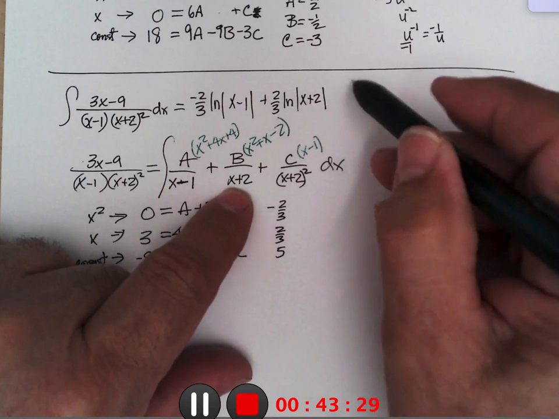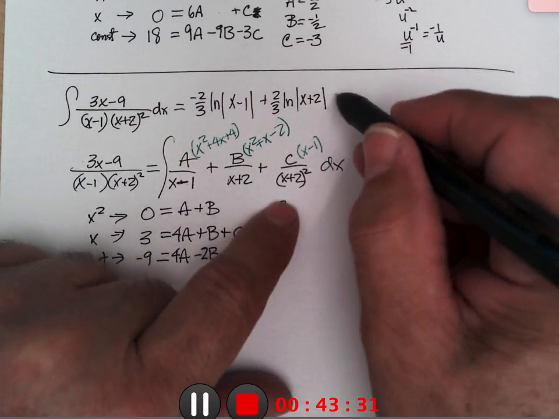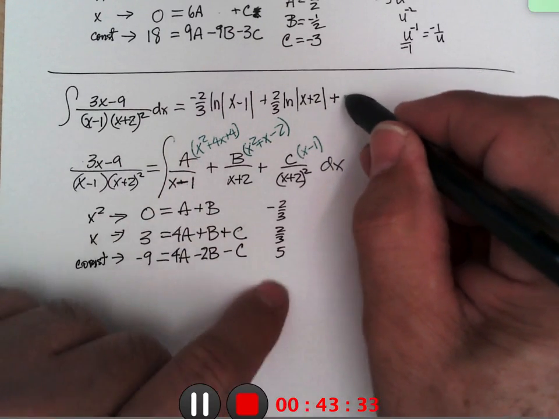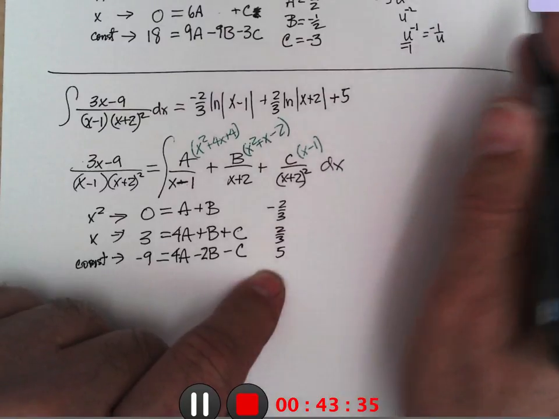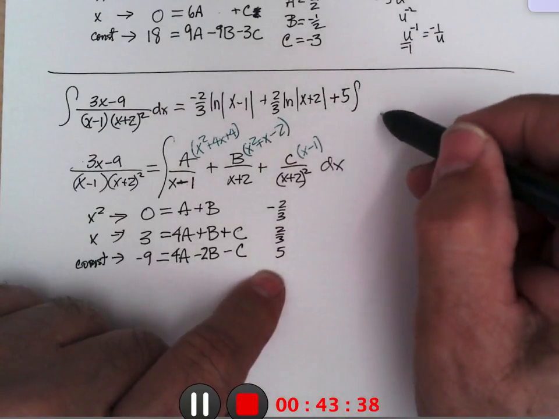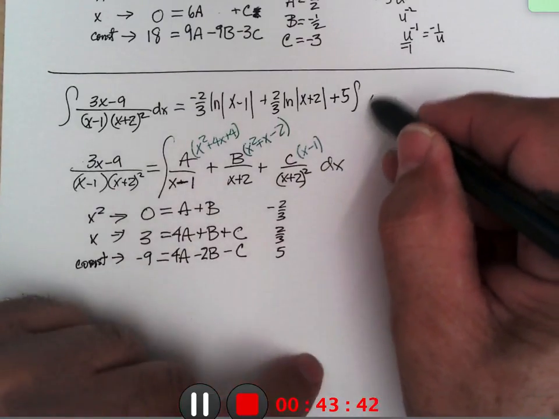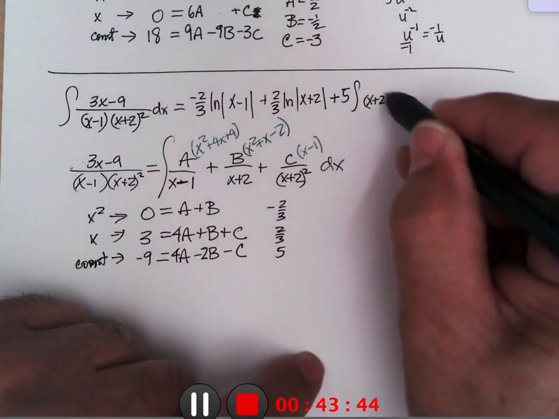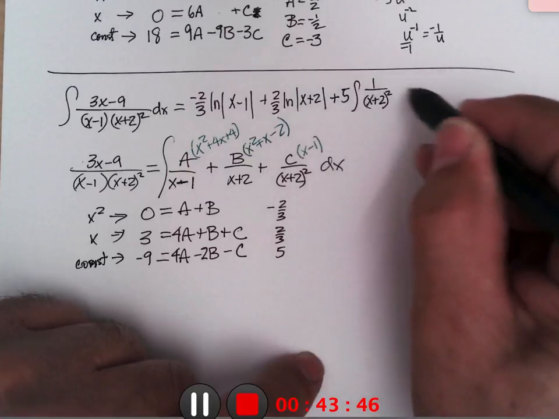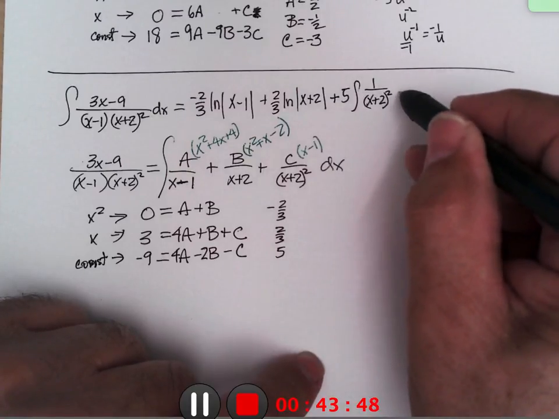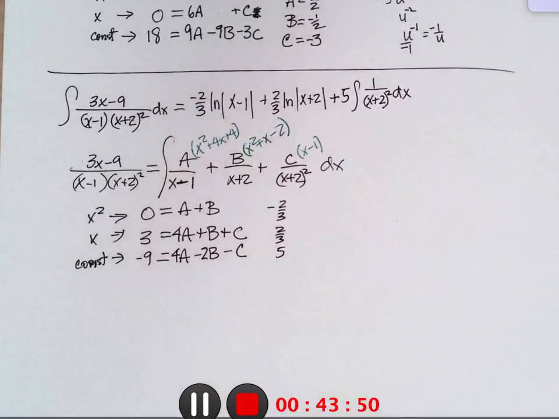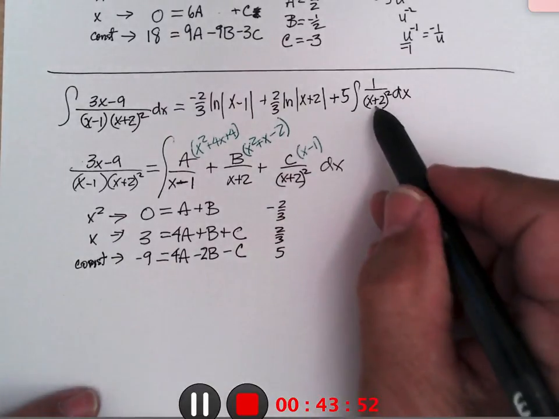And then I have plus 5 antiderivative of x plus 2 squared dx.